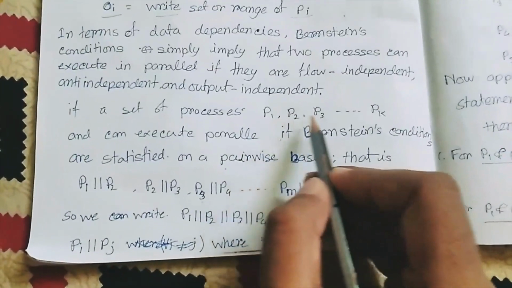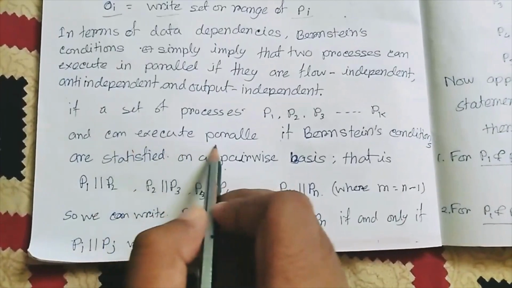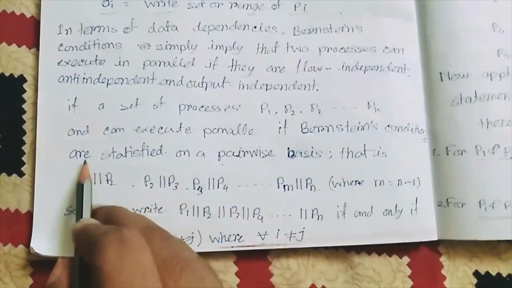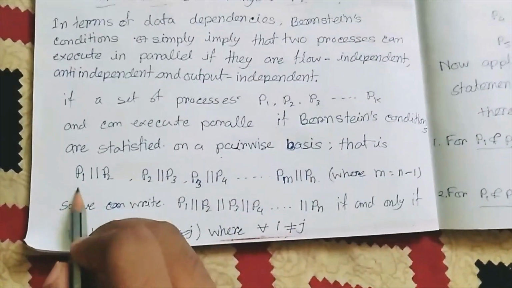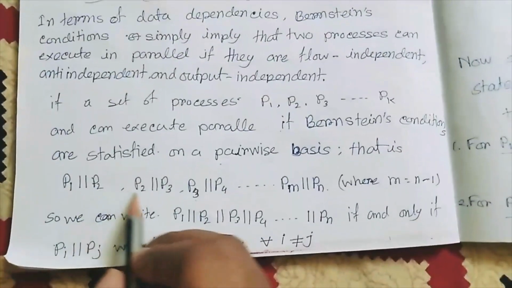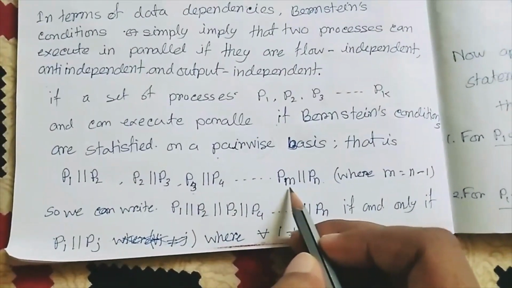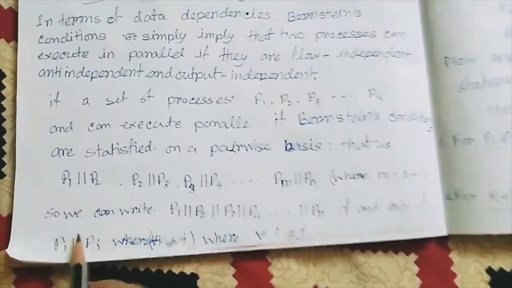A set of processes P1, P2, P3 up to Pk can execute in parallel if Bernstein's conditions are satisfied on a pairwise basis, that is P1 parallel P2, P2 parallel P3, and so on.